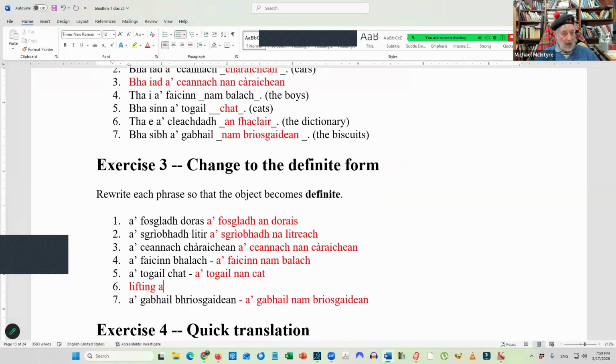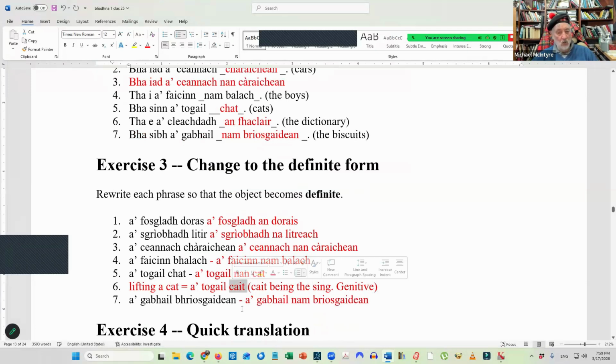Lifting a cat would be a toko catch, catch being the singular genitive. So here the indefinite goes to the genitive noun.